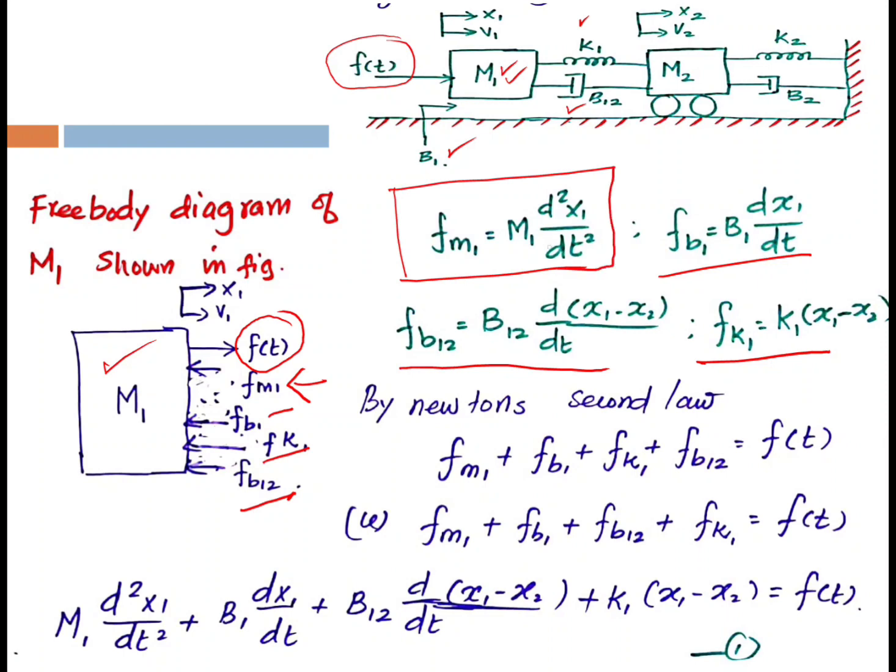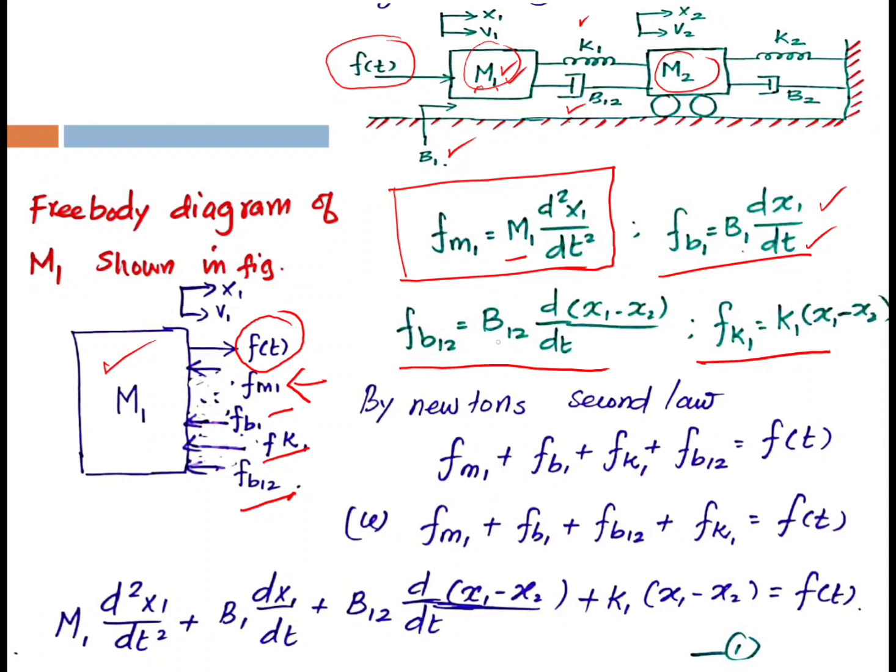Fm1 is equal to m1 into d square x1 by dt square. Fb1 is equal to b1 into dx1 by dt, and Fb12 is common, in between m1 and m2. Hence we have to consider two different displacements, displacement with respect to mass element 1 and displacement with respect to mass element 2.